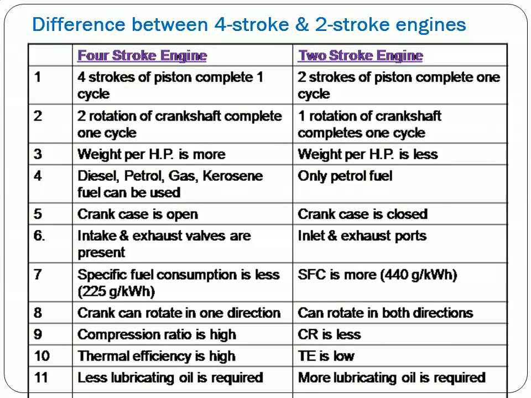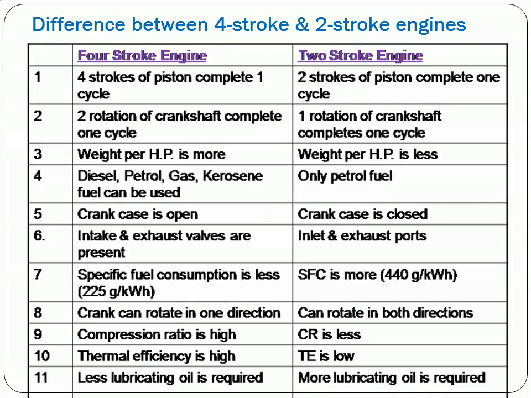The eighth difference is that the crank can rotate in only one direction, whereas in two-stroke engines, the crank can rotate in both directions. So, due to this ability, two-stroke engines are commonly used in marine applications.